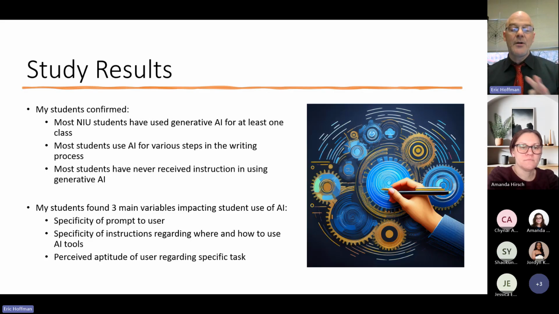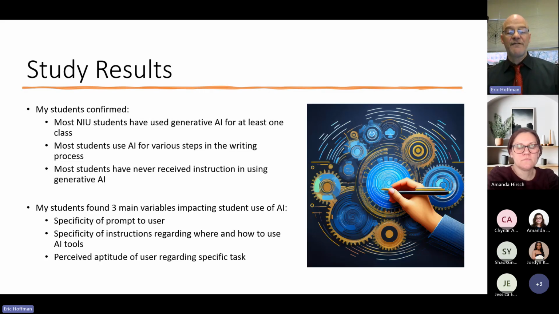The third variable, honestly, was a surprise. This is not something that we were looking for, but it's something that every single one of my groups ended up reporting to be a major factor in their observations, which was the perceived aptitude of the user. Put simply, if students felt confident that they had a skill set to respond to a prompt, they were much, much, much less likely to use the tools in ways that would be problematic.